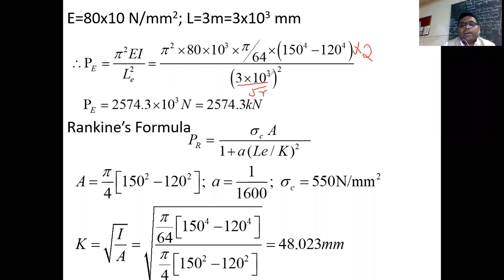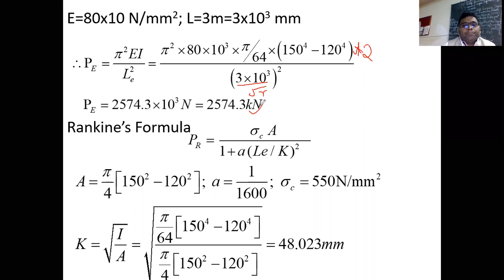If you square this root 2, it becomes 2, and it goes up above. So the 2 is missing, so now you can add this. By this you can find out the Euler load will be 2574.3 into 10 raised to power 3 Newton, and if you change it to kilonewton, it becomes like this.